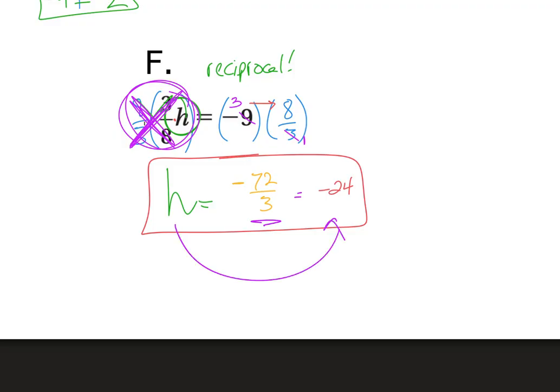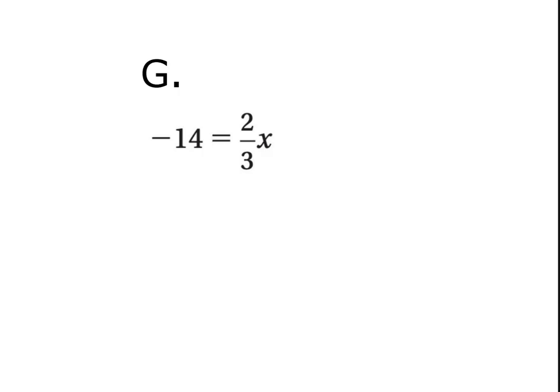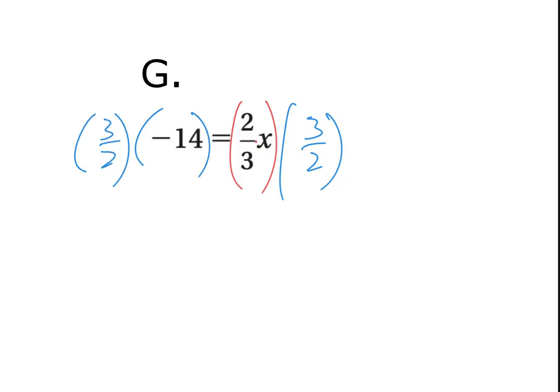Cool, huh? Next, negative 2/3 is multiplying x. We're going to multiply by the reciprocal. Where'd the reciprocal come from? It's that, flipped upside down. 3's cancel, 2's cancel, leaving me with x. And then, again, we're going to be a little bit of a pro mover here.